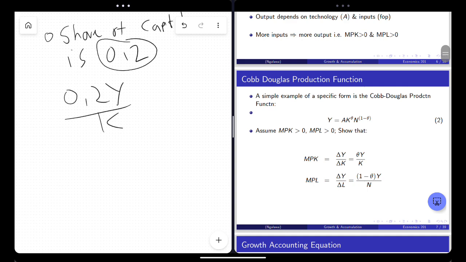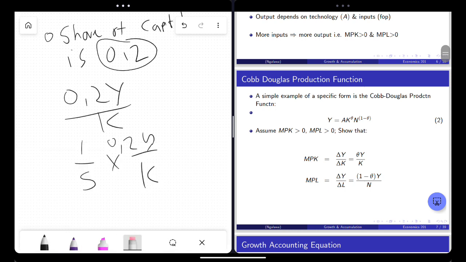Sorry, I'm not good at mental maths. 0.2 is 1 over 5.